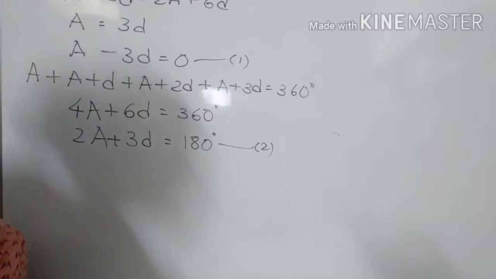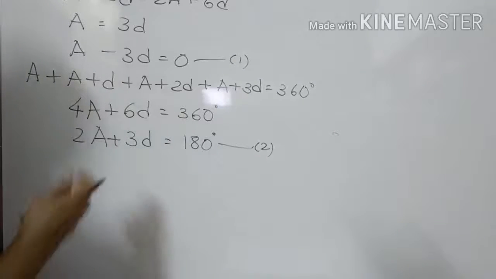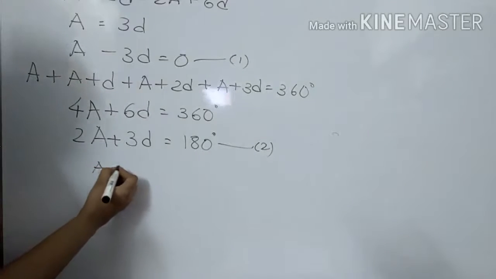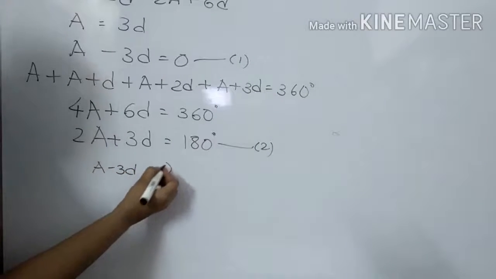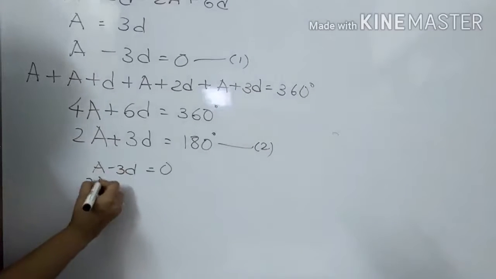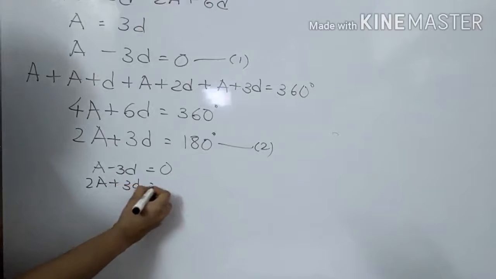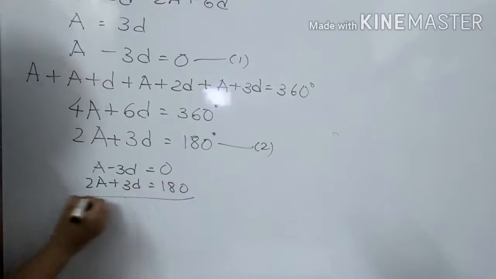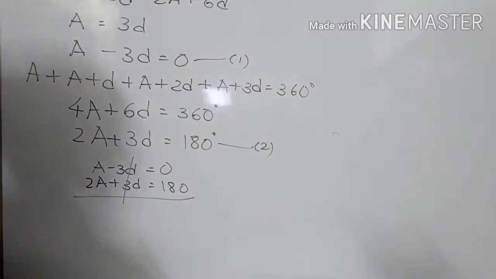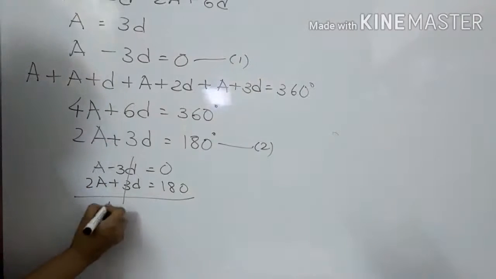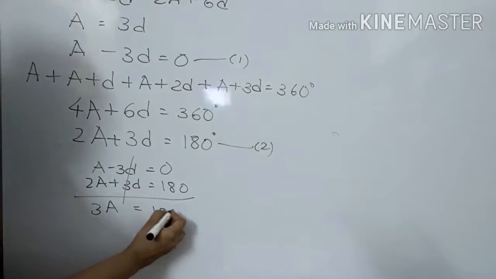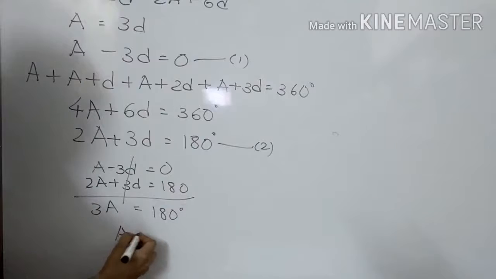Now solving equations 1 and 2 using simultaneous linear equations, I am writing here a minus 3d is equal to 0 and the second equation 2a plus 3d is equal to 180 degrees. Now adding them, minus 3d plus 3d get cancelled. So here 3a is equal to 180 degrees. So the value of a will be 60 degrees. So here we found our first angle.